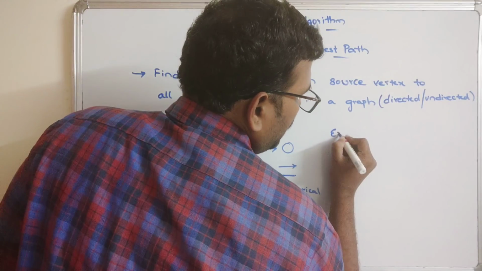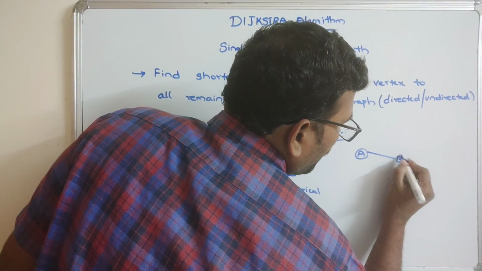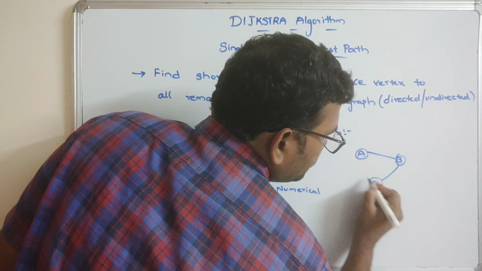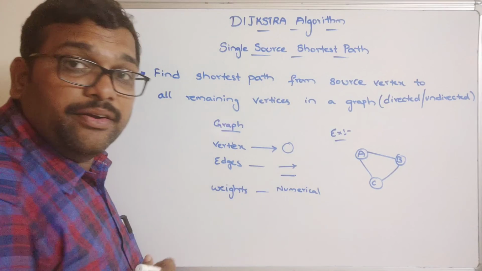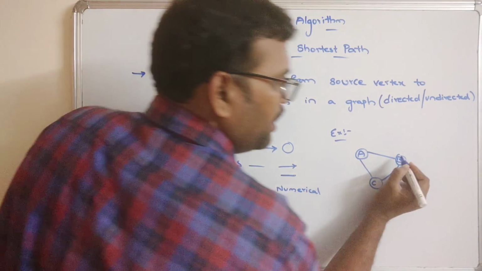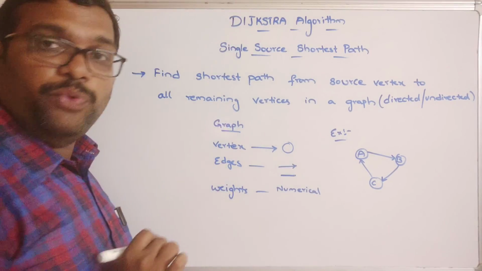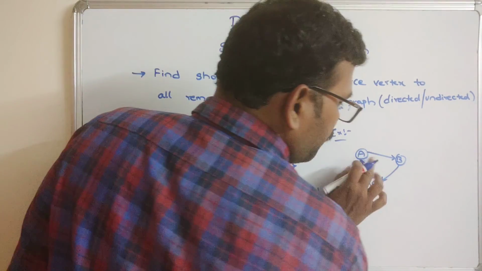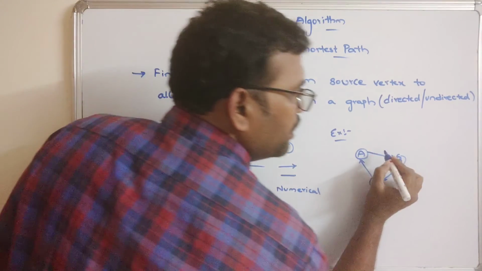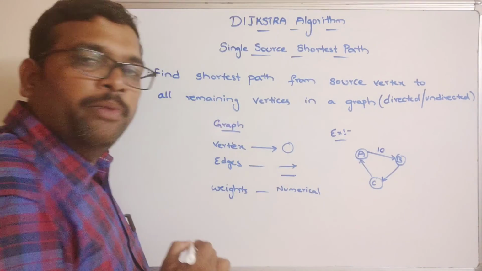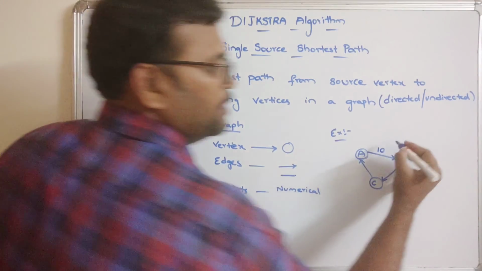Example, a graph with A, B, C. Here we are not using directions, so this is an undirected graph, and it becomes directed if the graph is drawn in this way. The weight of this particular edge which connects vertex A and vertex B is represented with a numerical value. So this is called a weight.